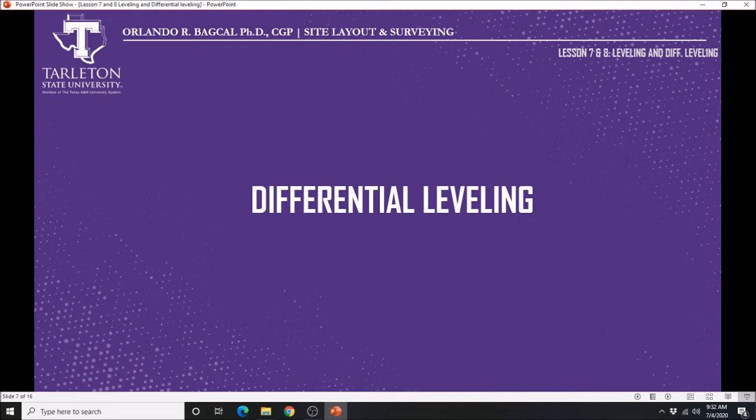So again, differential leveling is usually conducted in a closed loop in order to check your values.